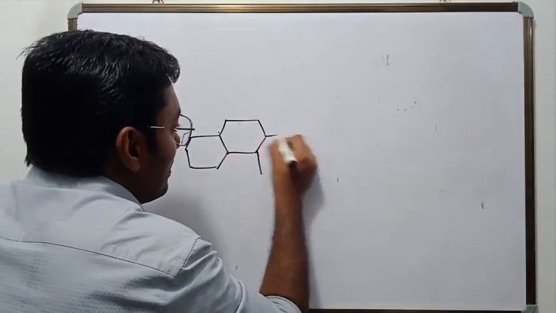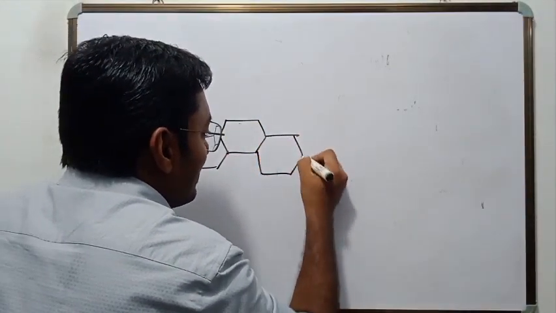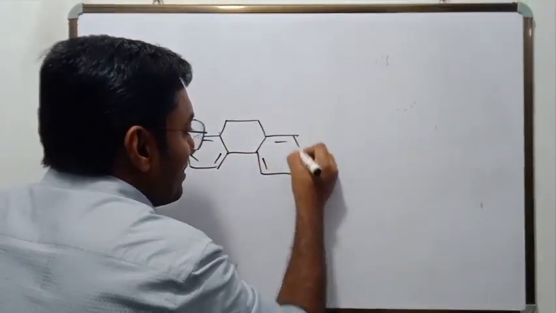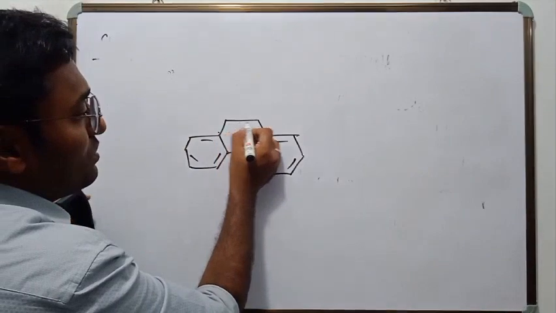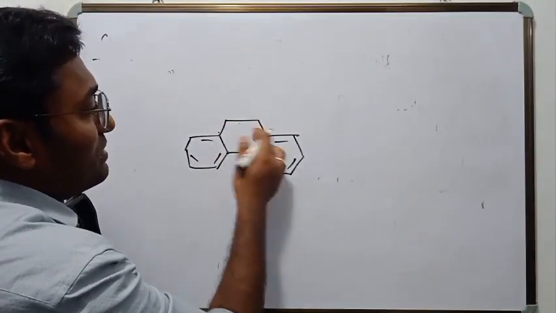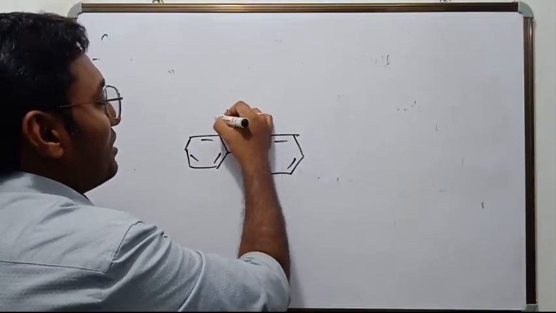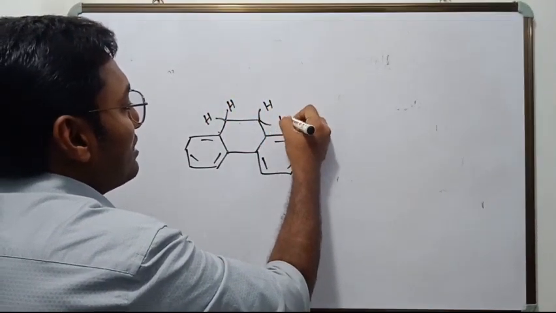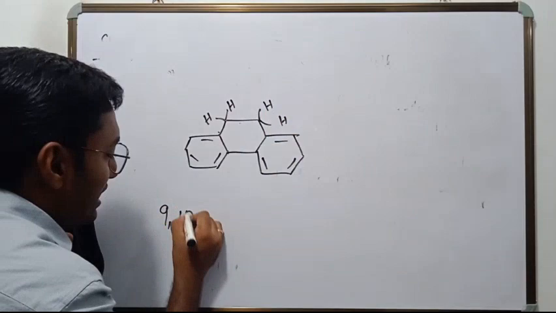Yes, you guessed it right. This is phenanthrene. Here also there was a double bond, but after Birch reduction this double bond has gone. One hydrogen is added here and the other one is added here. So now this is 9,10-dihydrophenanthrene.